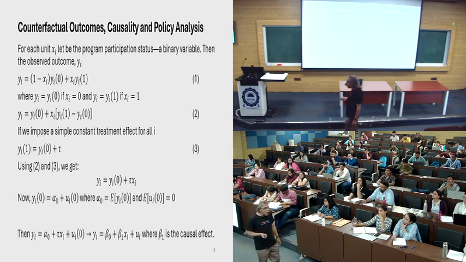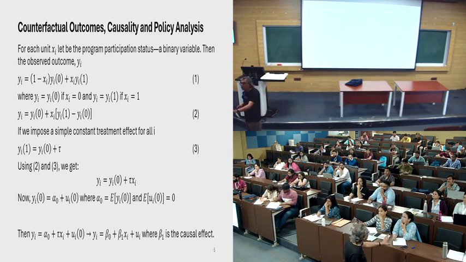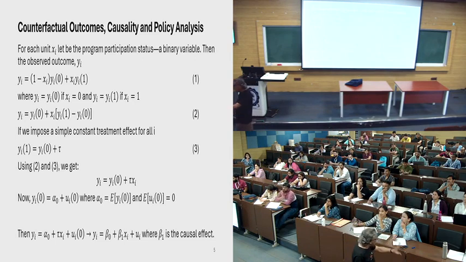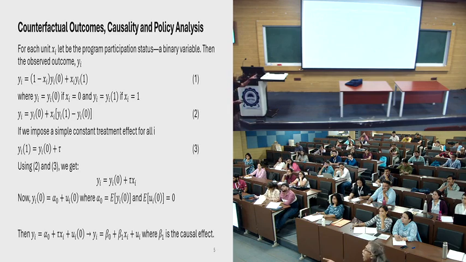So think of it this way, where Yi takes the value of Yi0 if the binary takes the value of 0, and takes the value of Yi1 if the binary takes the value of 1. If you do some manipulation, then Yi can be written as Yi0 plus Xi times (Yi1 minus Yi0).